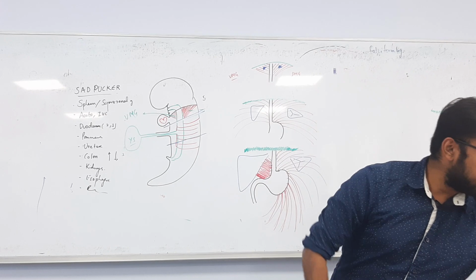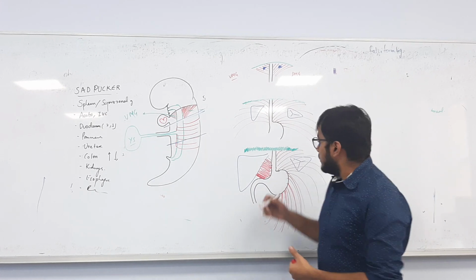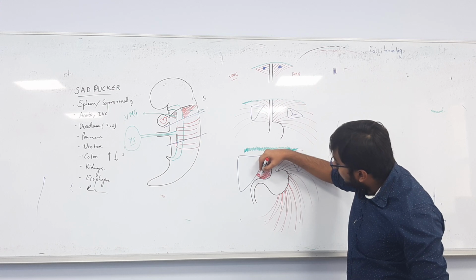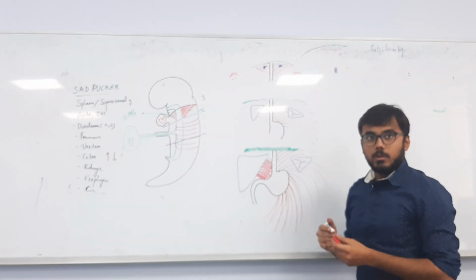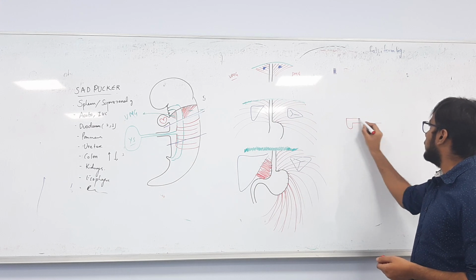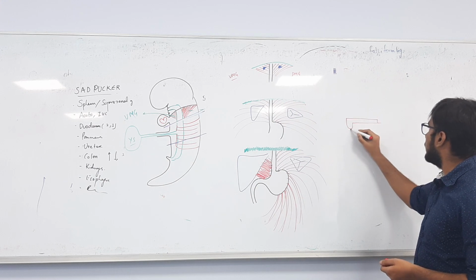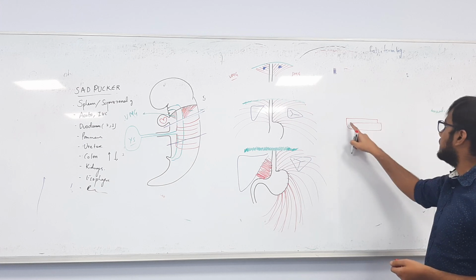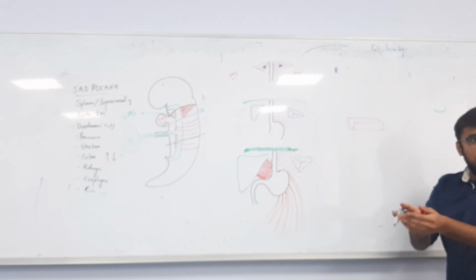You are clear with this? So this right fold, I cannot loop it here. See, this is the leaf. I mean, it has folded like this, right?